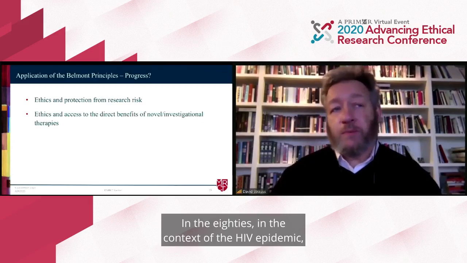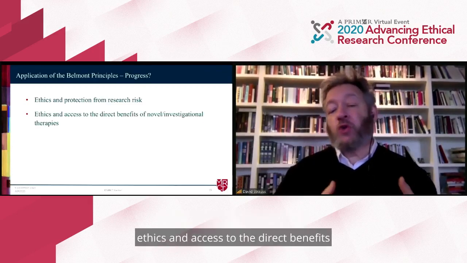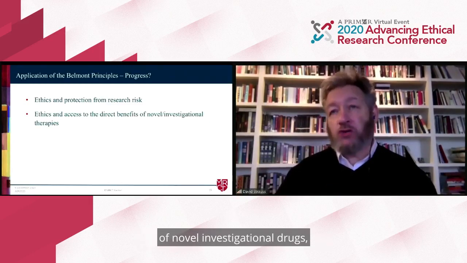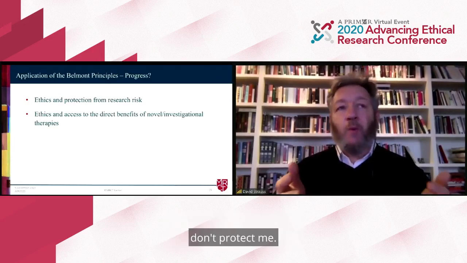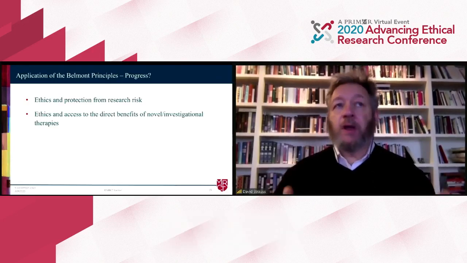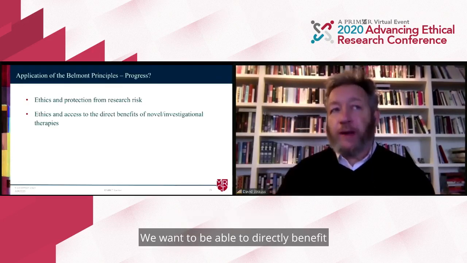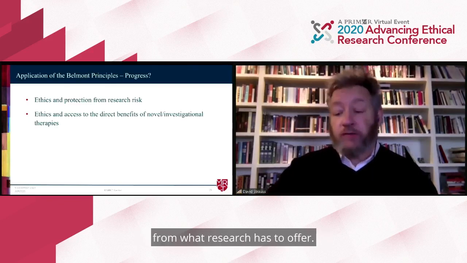In the 80s, in the context of the HIV epidemic, ethics and access to the direct benefits of novel investigational drugs became a new focus. And people increasingly asked, don't protect me. We want to be able to directly benefit from what research has to offer.